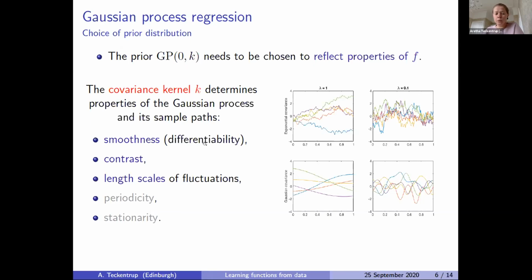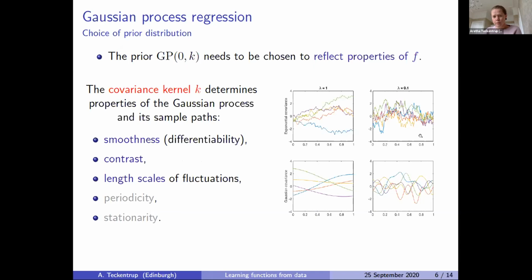So it has to include information about these things that I've listed here. One of the things is the smoothness of f, so how many derivatives f is going to have. By smoothness, I'm going to mean the number of derivatives it possesses. Usually there's a hyperparameter in the prior which governs this.